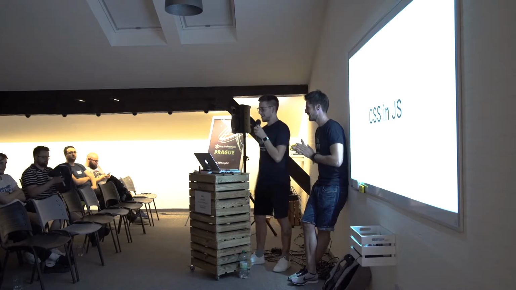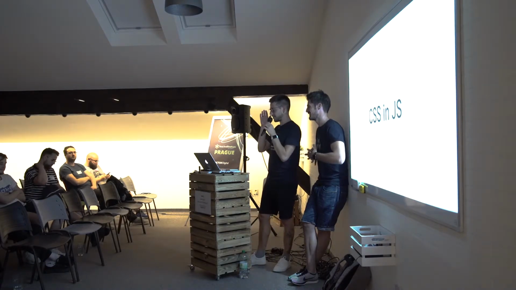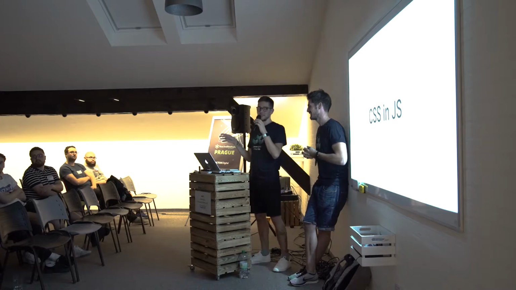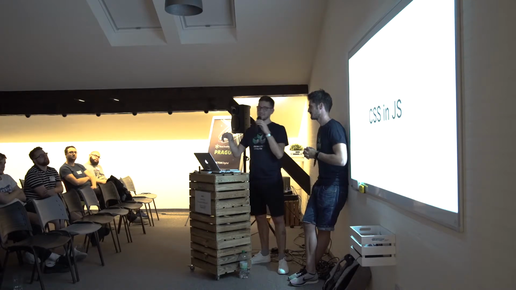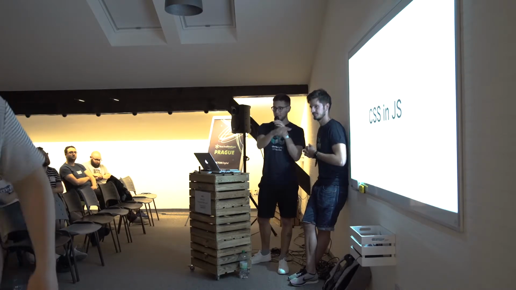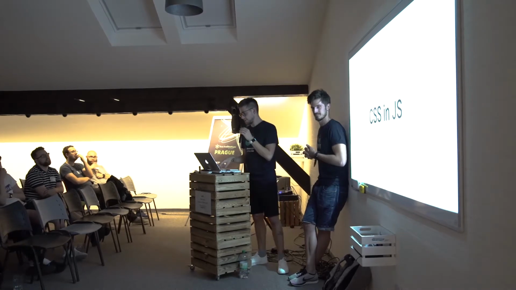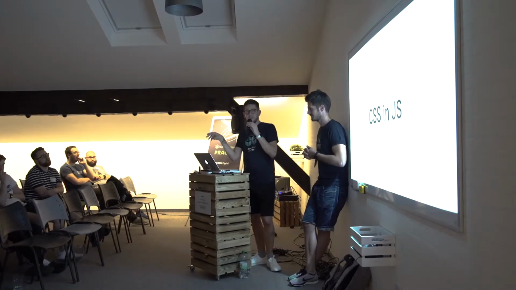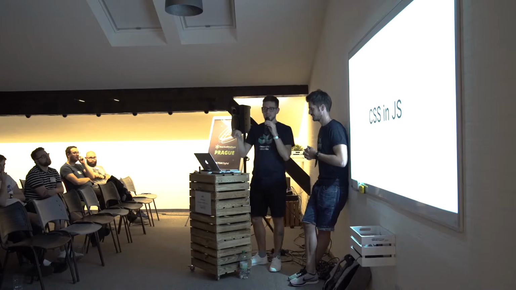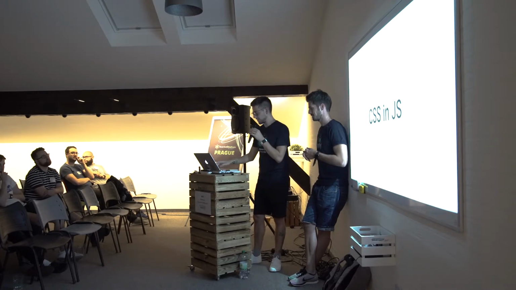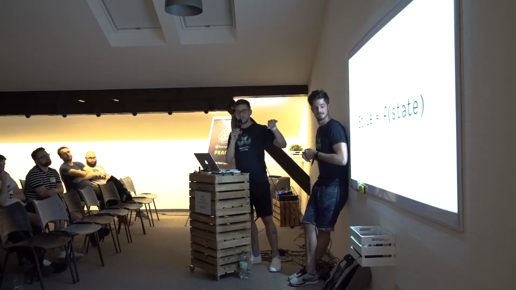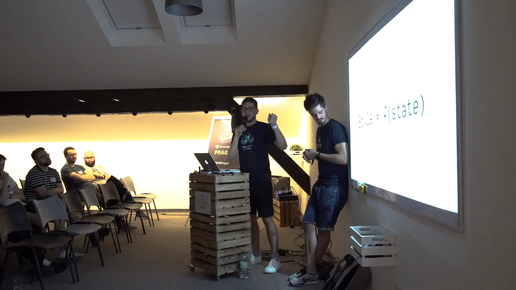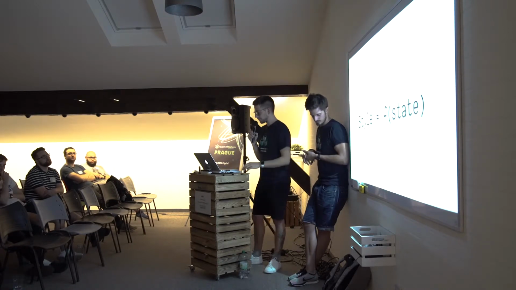Okay. Yeah, so whether you like it or not, let me at least show you how CSS and JS can fix this particular problem. And to understand that, we have to go one step back and add another definition. So first, before we learned that our user interface is just a function of state, right?